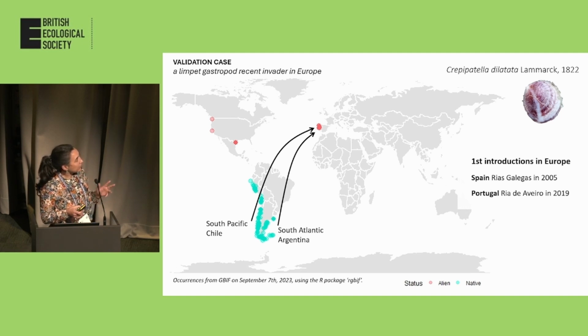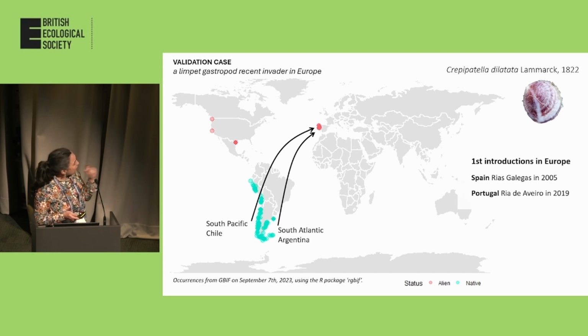It had been introduced into the Galician rias through Mytilid aquaculture that was imported from Chile, according to the records, and this was in 2005, and we found it in 2019 in Portugal.